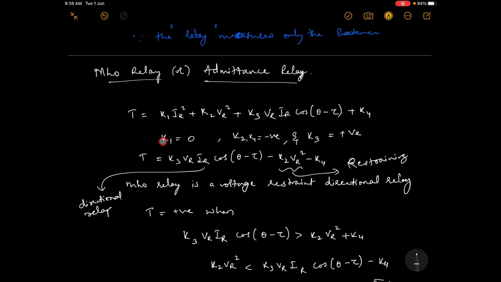To get the admittance relay or Moore relay, we make K1 zero, and the K2 term and K4 term negative, that is, these are restraining terms, and the K3 term we keep positive. This is our operating force. If it is positive, it is our operating force, and K2 and K4 are restraining forces.